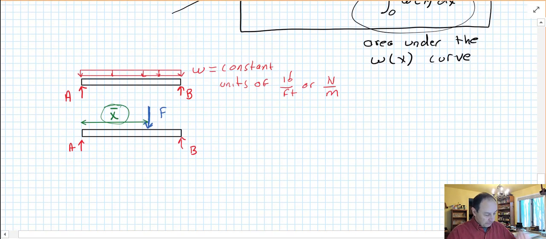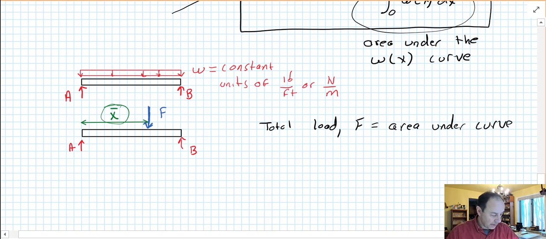So first thing is the total load, which we're calling F, equals the area under the curve. So F is the integral from 0 to L of the load function. Now, W is a constant, though, for this one.